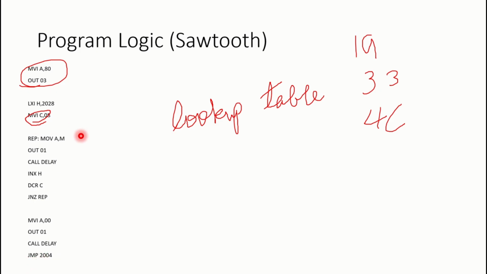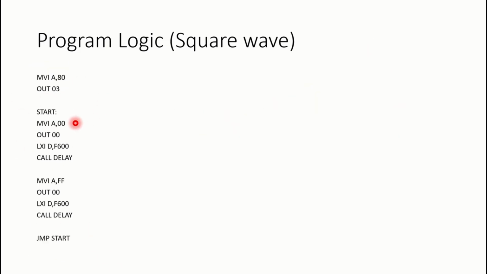It goes back to the instructions stored in 2004, and then we repeat them all over again. That's what happens in sawtooth. For the square wave too, it's the same. As I explained earlier, we initialize the port and then MVI A, 00, OUT 00. Then the lookup table would contain two values here, and we call delay to generate the waveform.